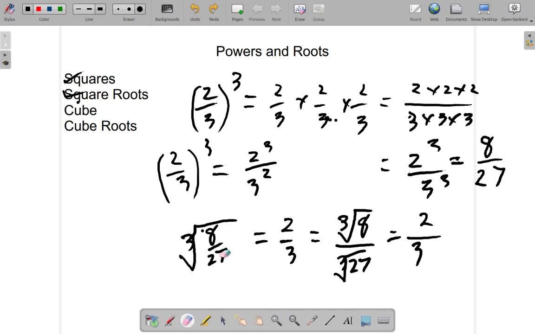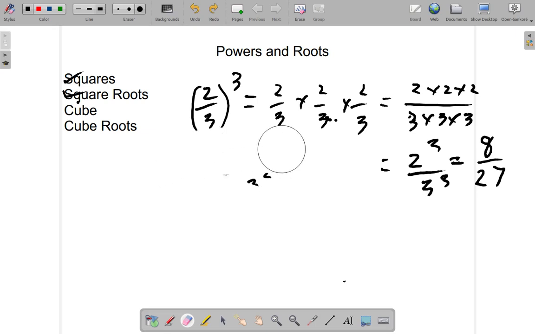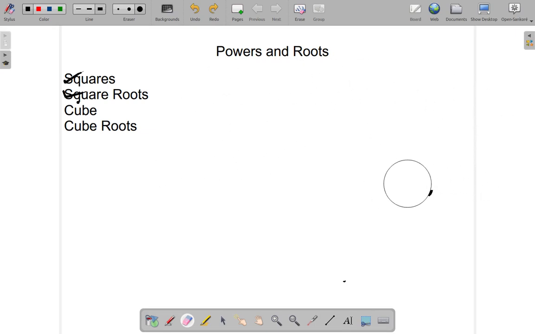Now, let's look at one more thing before we finish off. We have looked at square root and cube root, square and cube of one number divided by another.